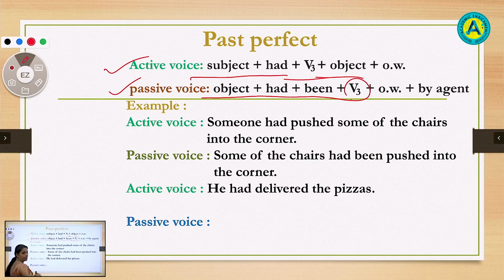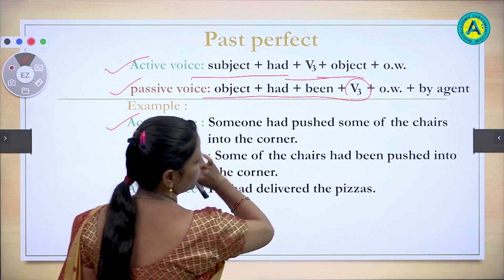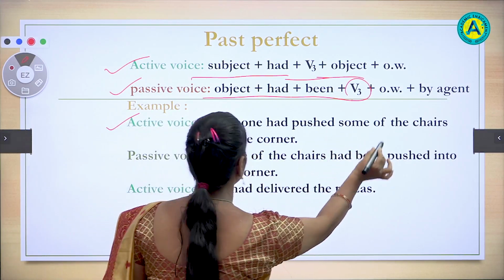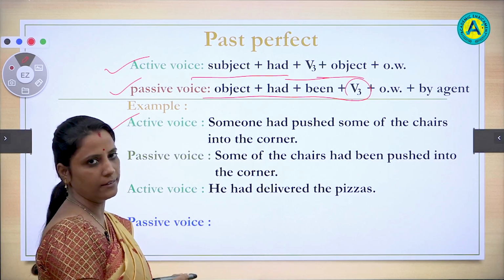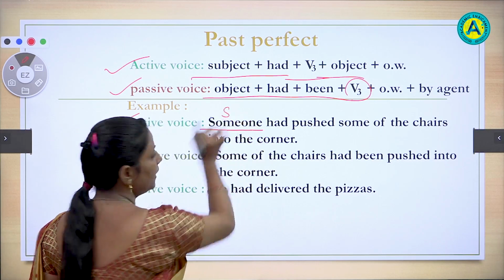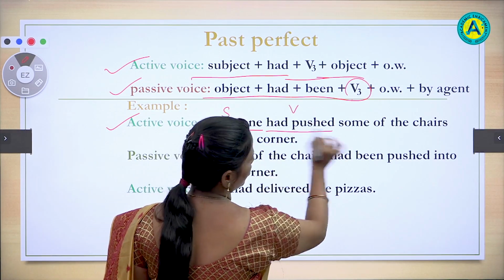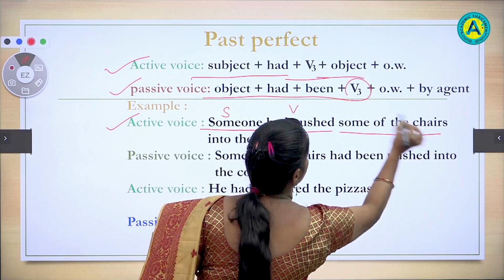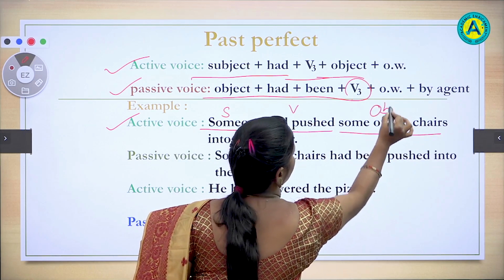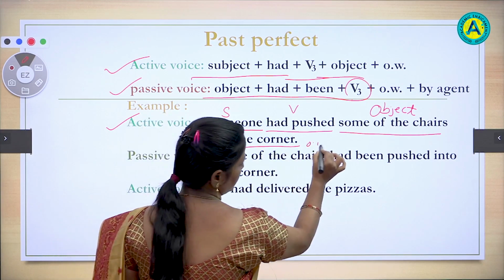Let's discuss some examples. In active voice: someone had pushed some of the chairs into the corner. Here, which is the subject? Someone is the subject. Had pushed here is the verb. Some of the chairs here is the object. Into the corner, other words.